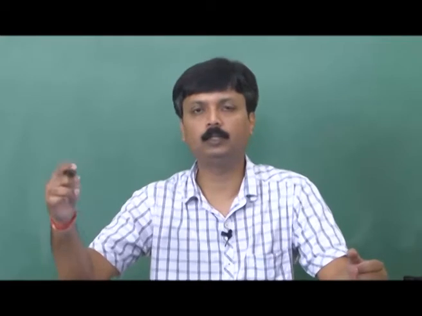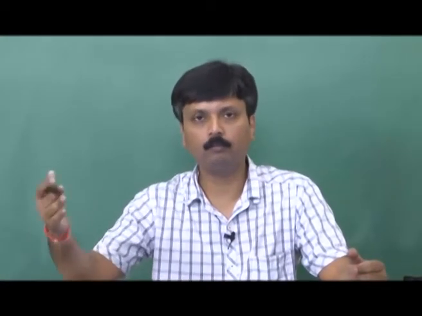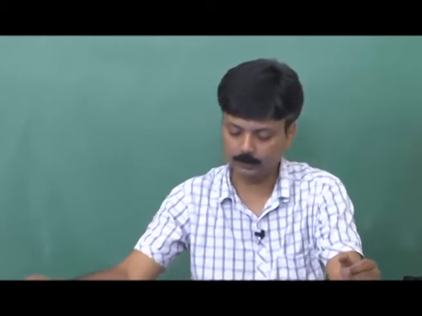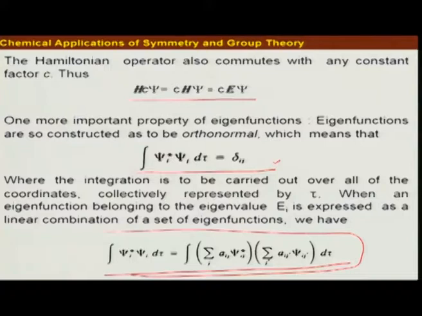So psi equals psi i, psi j, psi k, and so on, with coefficients like c i, c j, c k. So that is given here, that this can also be expressed as a linear combination of a set of eigenfunctions.